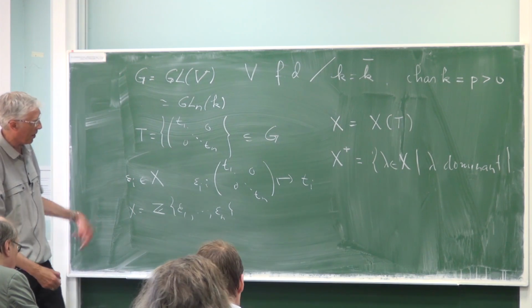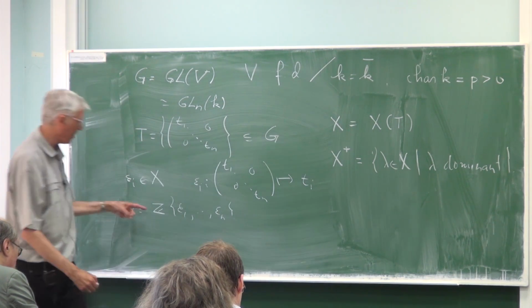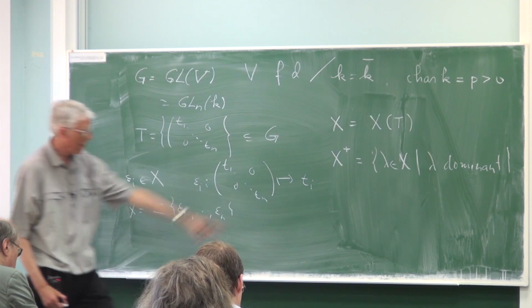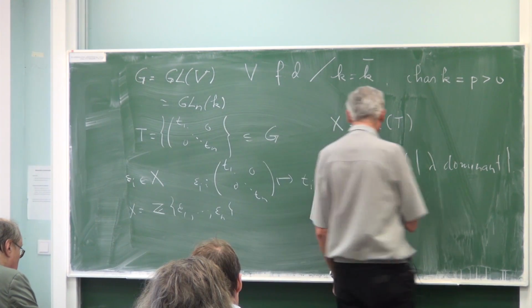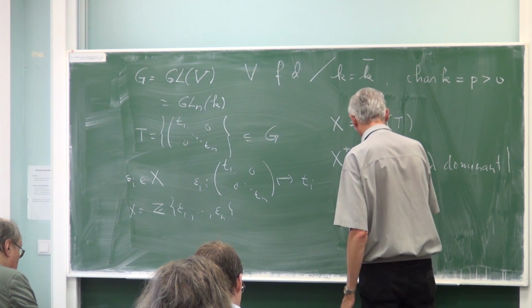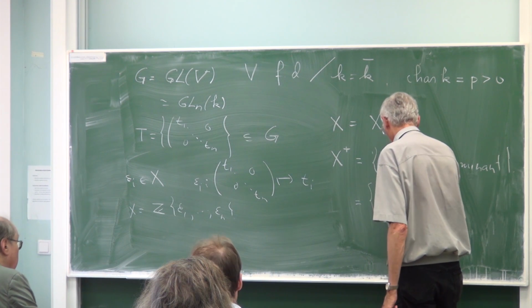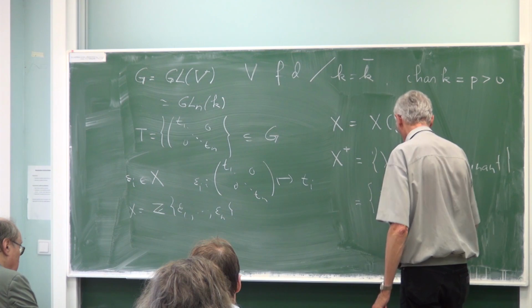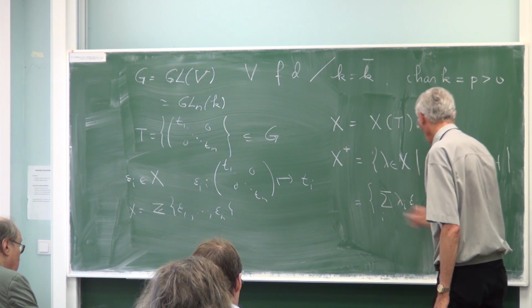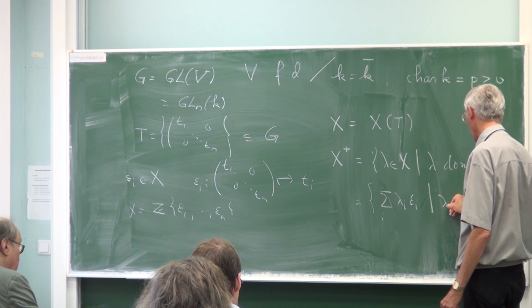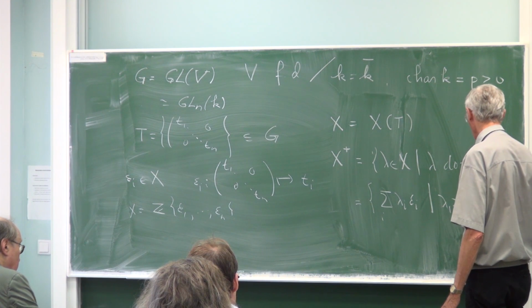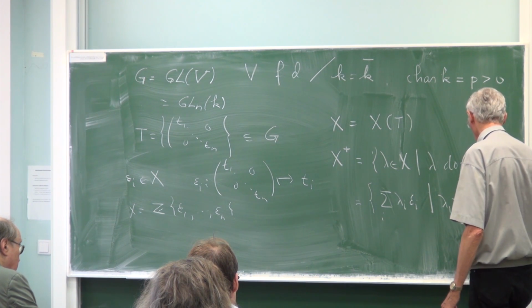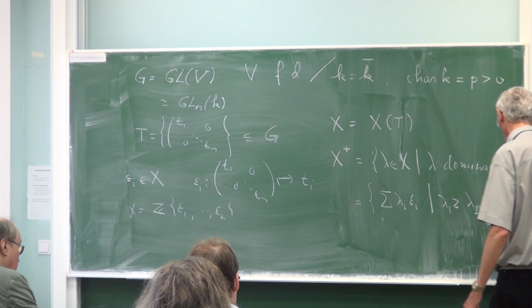So any element in X is a linear combination of the epsilon_i's, and X plus will be then the set of, let me write it something like this. And to be dominant means that lambda_1 is bigger than or equal to lambda_2, and so on, bigger than or equal to lambda_n.